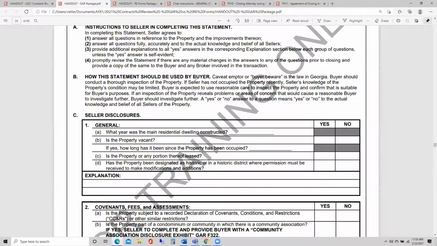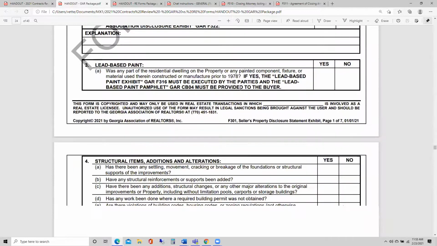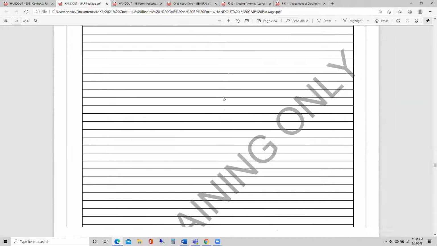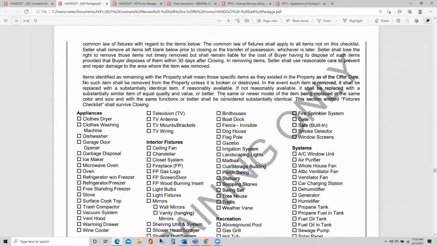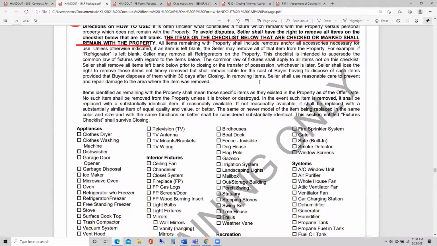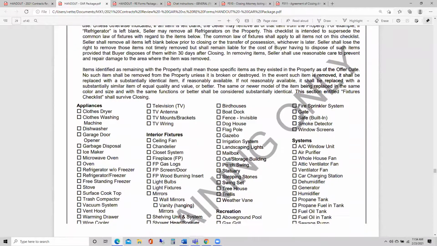seller's disclosure form, in the GAR contract package, there is this last paragraph called Fixtures Checklist. And this is where a seller indicates what items are staying with the property. Items on the checklist below that are checked shall remain with the property.